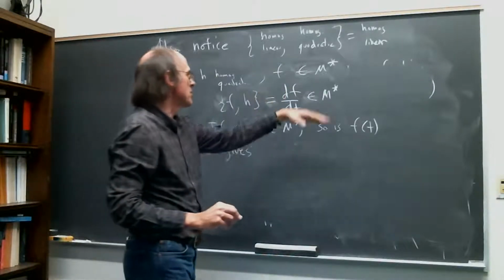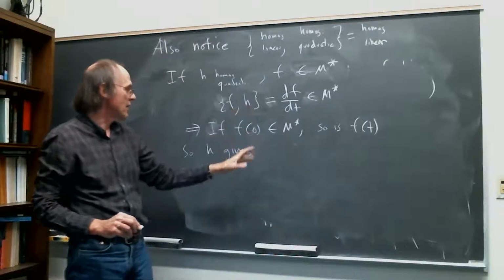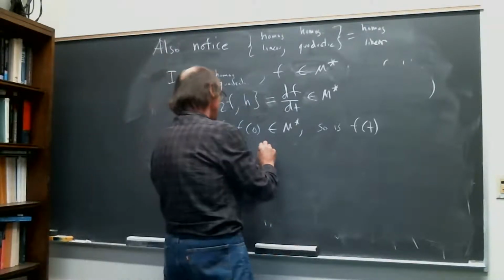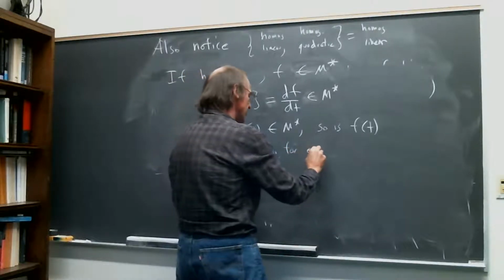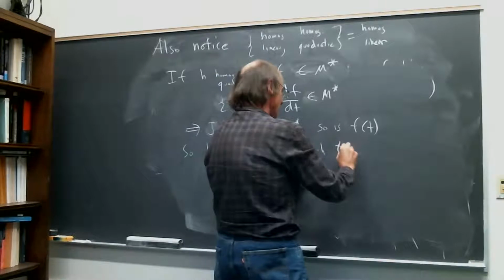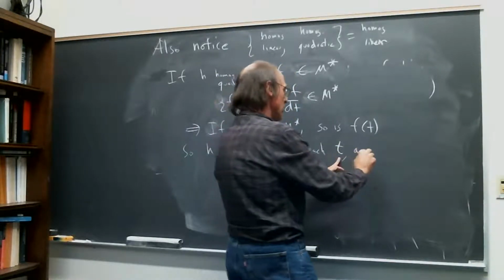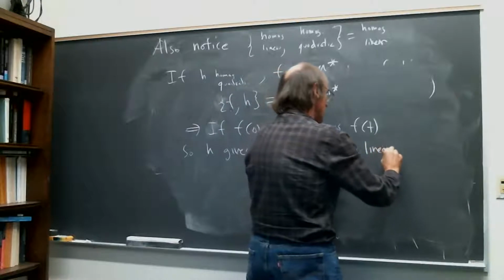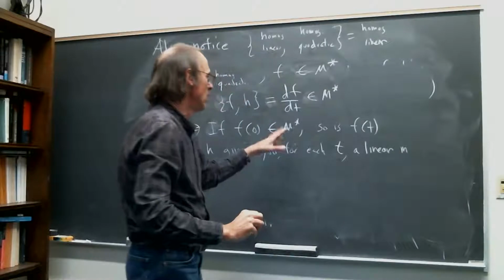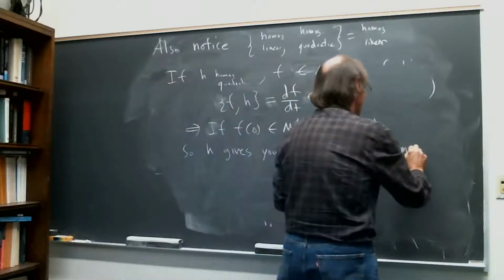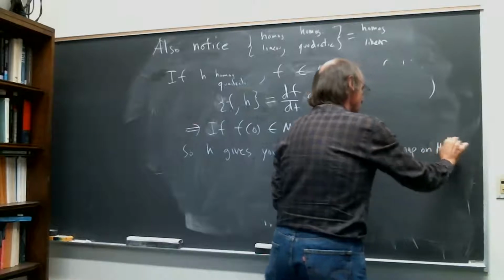Anyway, so what h is going to give you is, for each t, a linear transformation on m star, right?